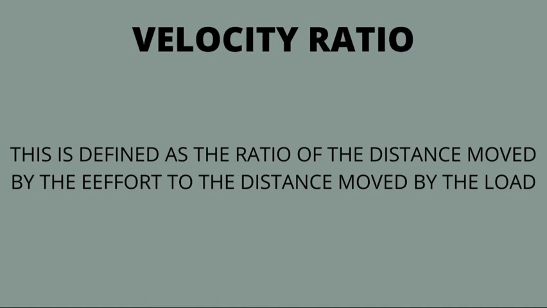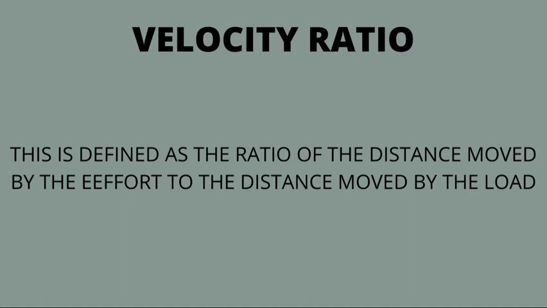And then we also have velocity ratio. It's defined as the ratio of the distance moved by the effort to the distance moved by the load. Mathematically, it is represented as distance moved by effort over distance moved by the load.